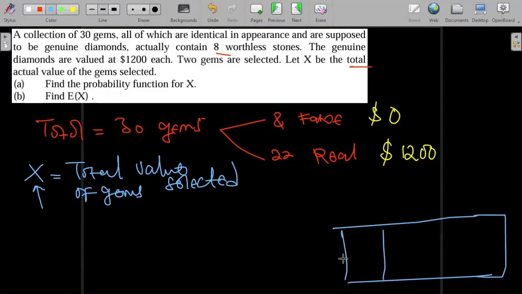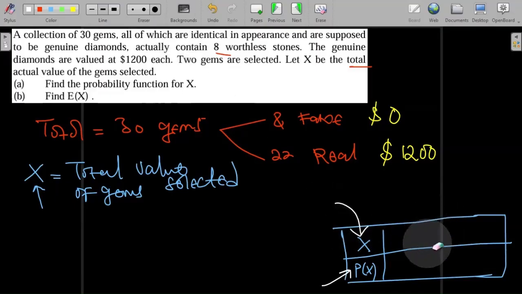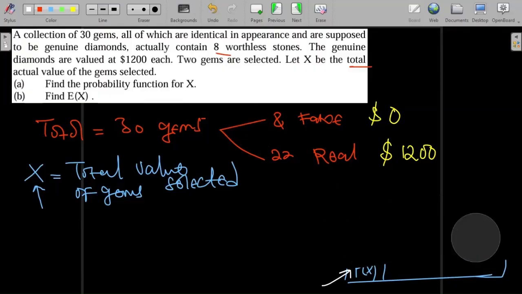I have my X value here, and then here I have the probability of X. So we just have to find the values of X that it can take, and once we have the values, we find their probabilities. Once we have found the probabilities, we put them in this table and we'll be done finding the probability function of X. A probability function in this case will be in the form of a table.